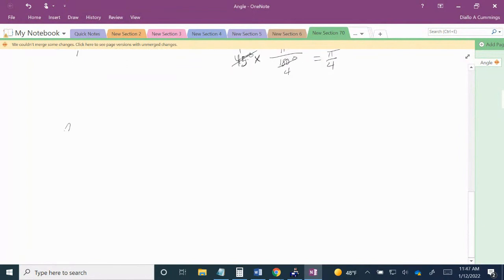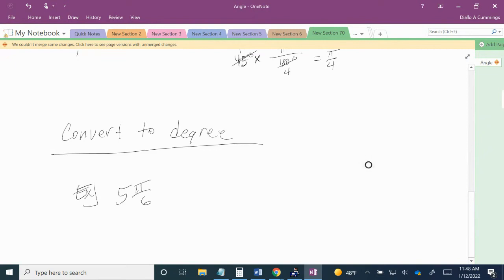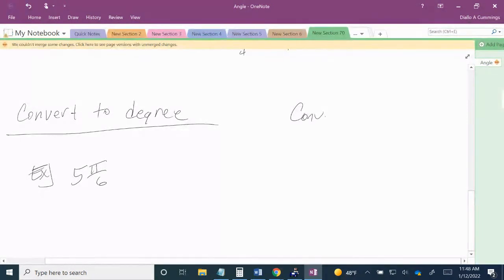I want you to convert 5 pi over 6 to degree, and I would like you to convert negative 150 degrees to radian.